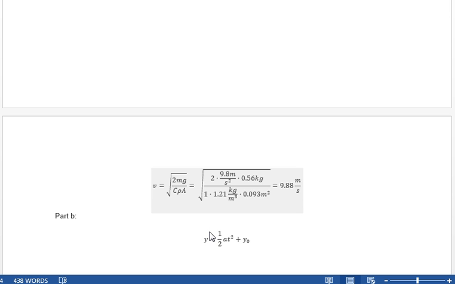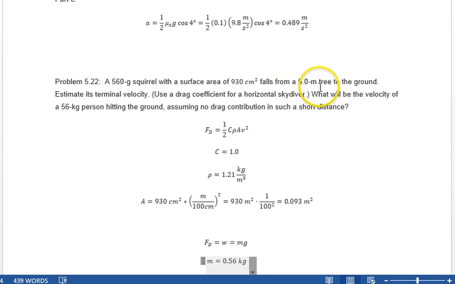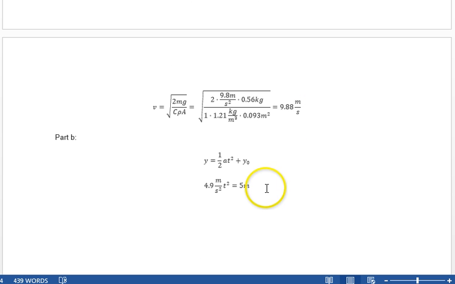So we're looking for when does 4.9 meters per second squared, t squared equals 5 meters. I'm skipping some steps because we've done this problem several times at this point. That's where we start, right? We're up 5 meters in the tree.